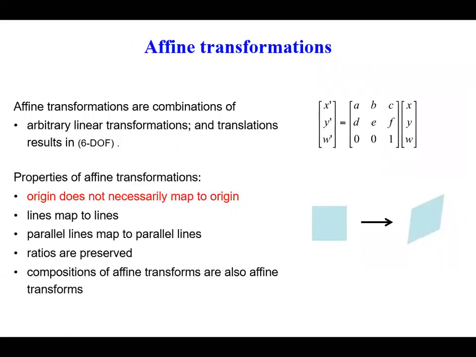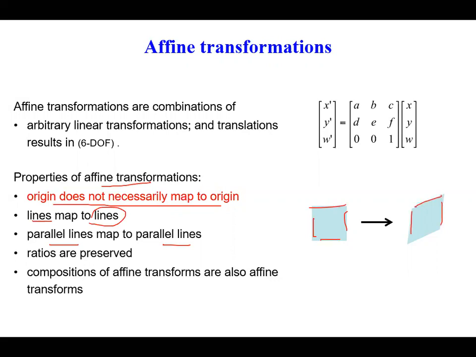Okay, so now we just need to check what each of these transformations preserves. So the properties of the affine transformation. Unfortunately, the origin does not necessarily map to a particular origin, but lines will map to lines. The lines will not map to a cylinder or circle or something else. The line will map to a line. Parallel lines map to parallel lines. If this is parallel, when I transform them, they will still be parallel.